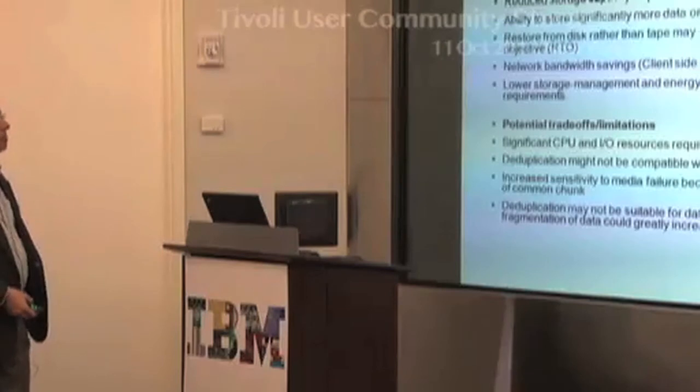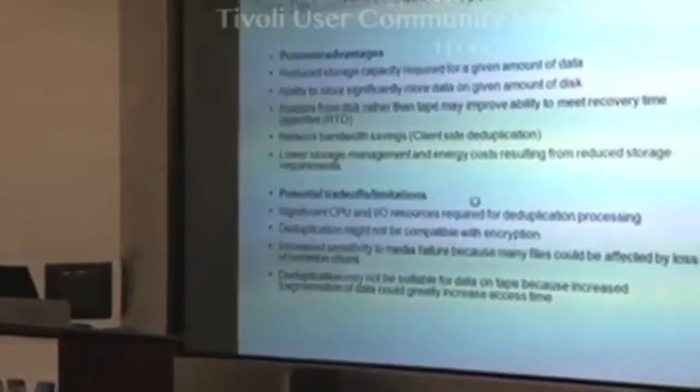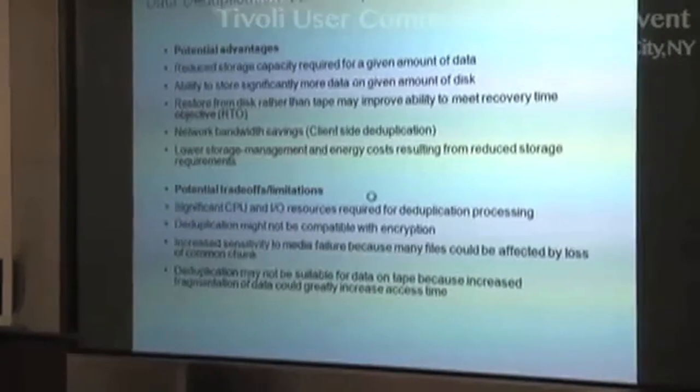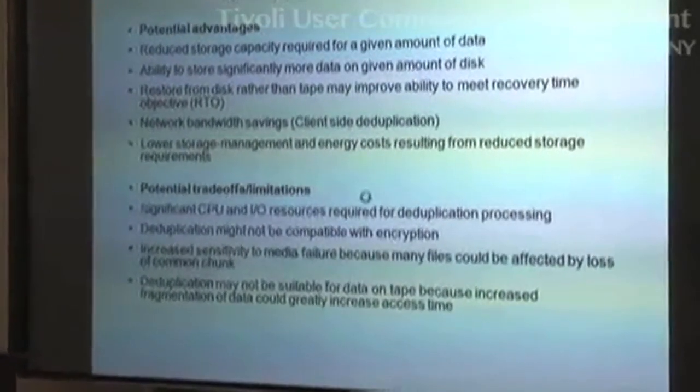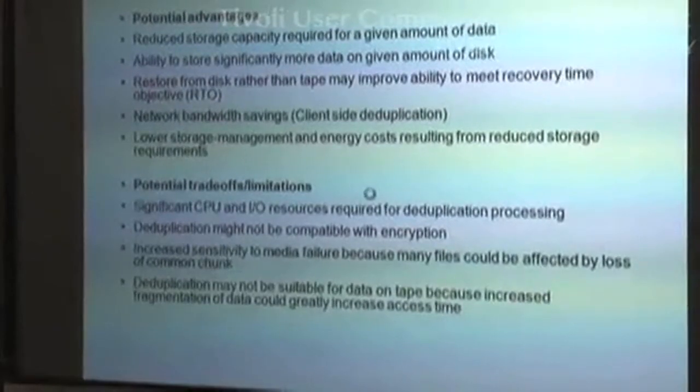So we've seen it, right? Everyone wants to keep more data on disk, faster backups, faster restores, and this is the way to do it efficiently. Network bandwidth savings, client-side deduplication. I've had a lot of customers over the years running compression because they didn't have enough network bandwidth to do their backups, whether it was local on the LAN or across the WAN.